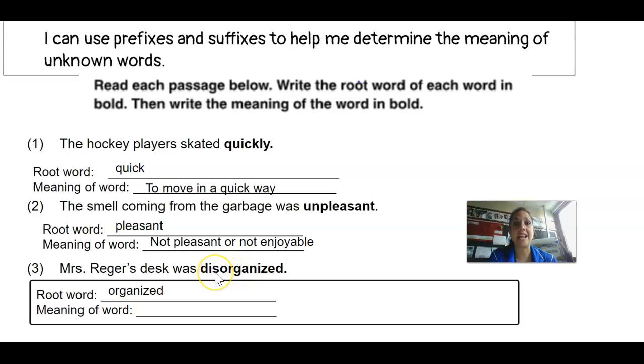Dis means not. Go ahead and identify the meaning of disorganized. Not organized.